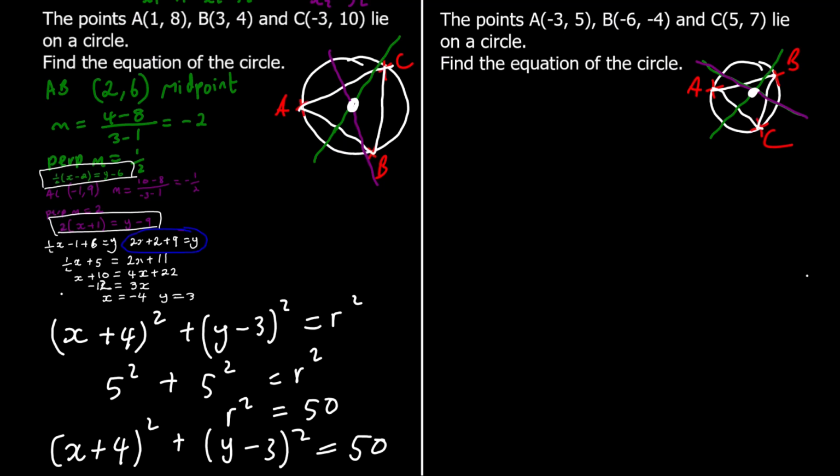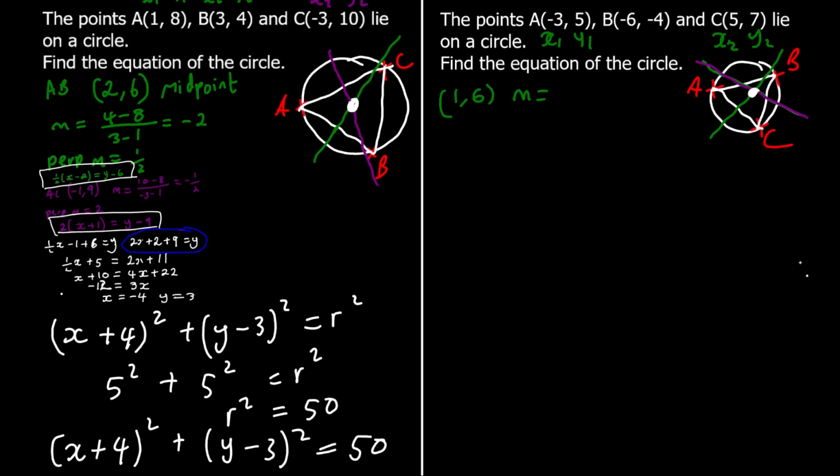So let's just do AC, x1, y1, x2, y2. To find the perpendicular bisector, we need the midpoint, which is going to be at 1, 6. Halfway between the x's, halfway between the y's. And we need the gradient.